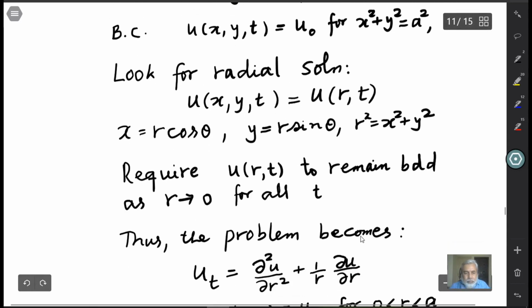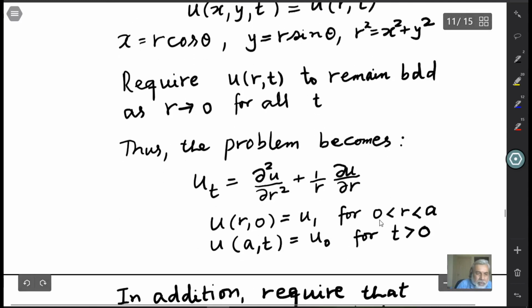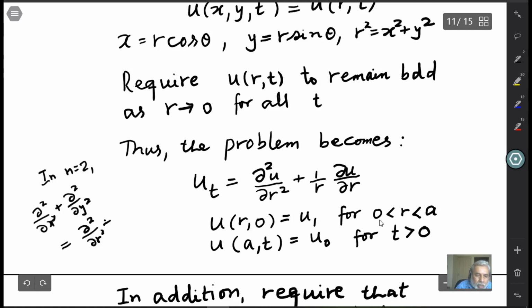Again, just writing the Laplacian in two dimensions, so n equal to 2, we have del square by del x square plus del square by del y square, the Laplace operator in rectangular coordinates, converted to this: del square by del r square plus 1 by r del by del r.